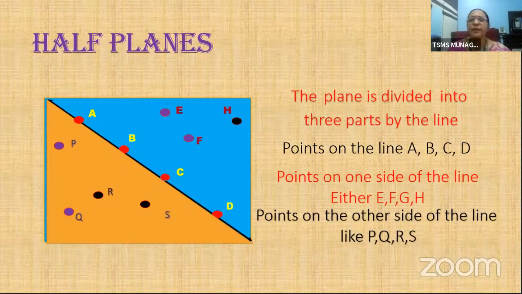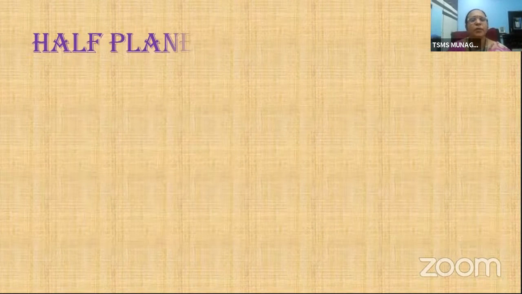Now, how do we identify this? Suppose you are given the straight line and a point. How do you identify whether the point is on the line, or on one side of the line, or on the other side? Here is the concept.